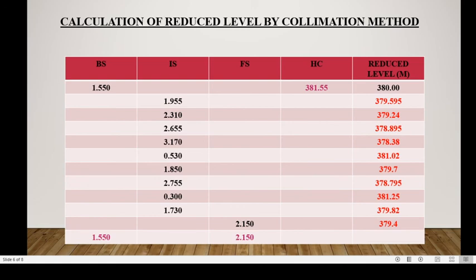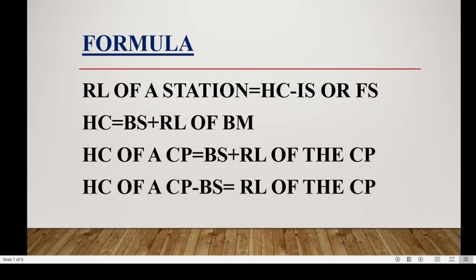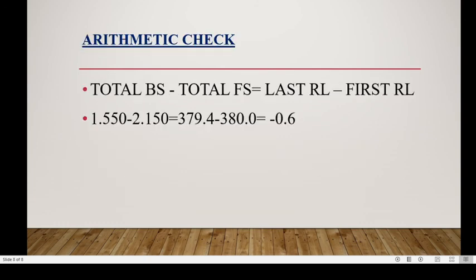So it has been calculated. The summation of BS and total of FS has already been calculated, so we just need to perform the arithmetic check. This is the formula which has been applied for calculating the height of collimation or the reduced level, so we need to remember all of these.